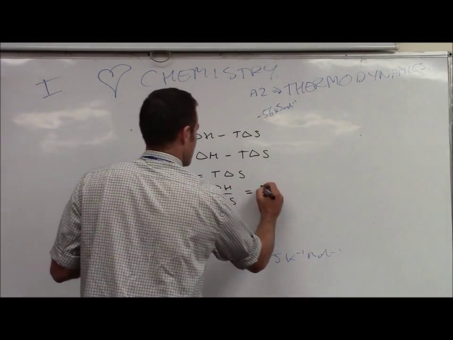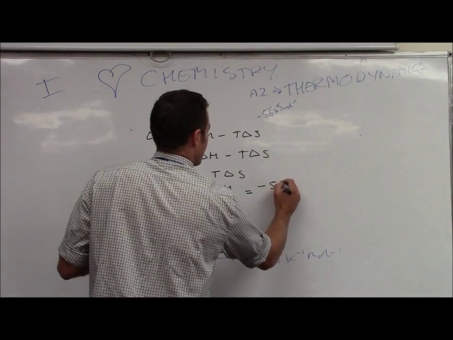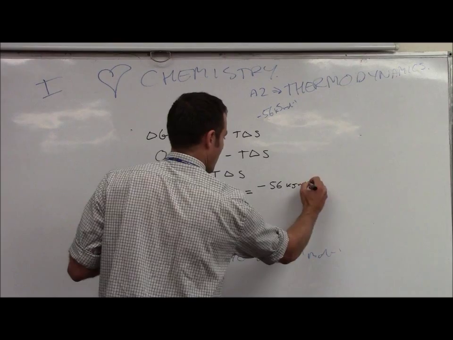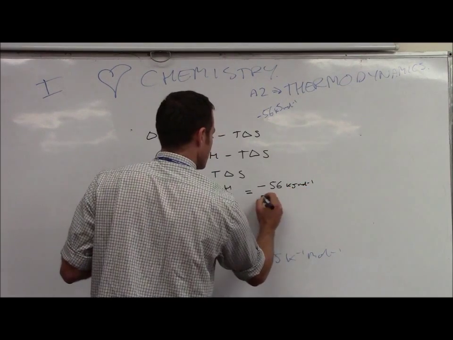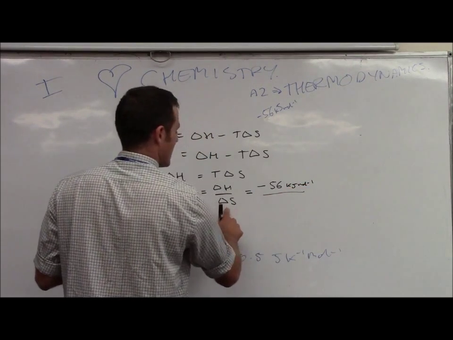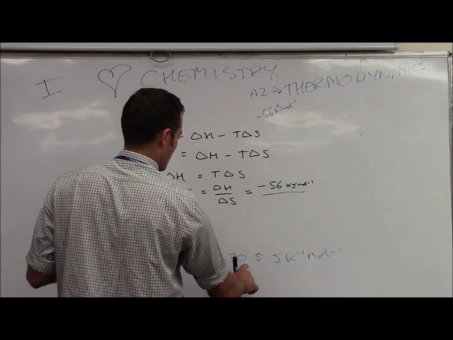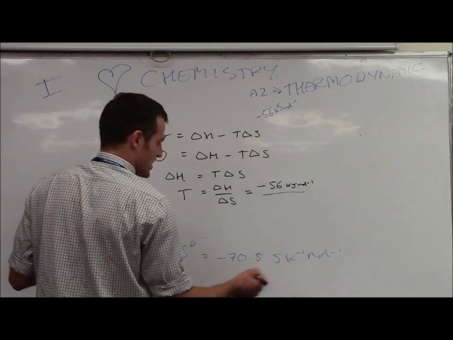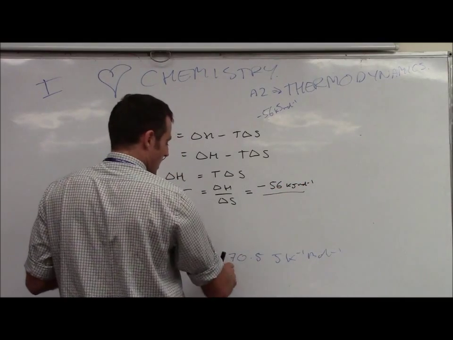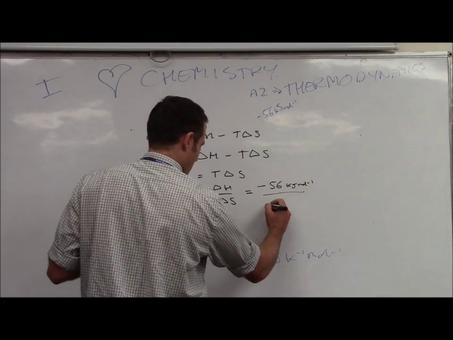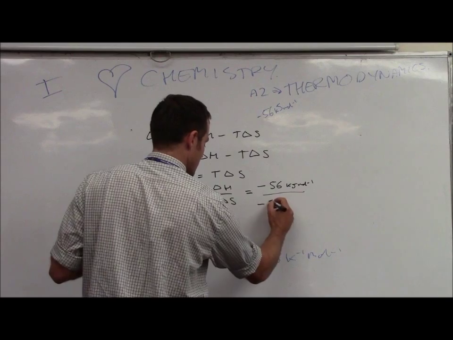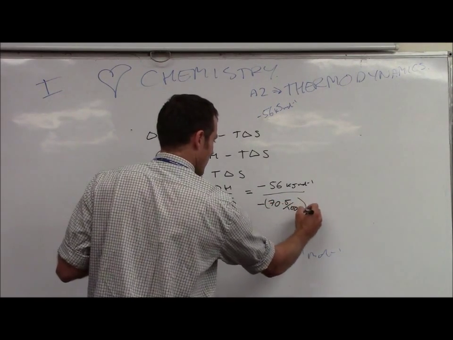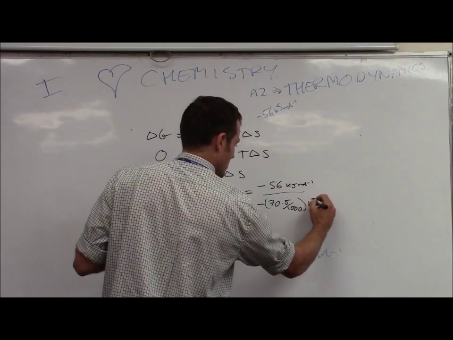Delta H here is minus 56 kilojoules per mole, and delta S is minus 70.5 joules per Kelvin per mole. So let's change that into kilojoules, say, by dividing it by 1,000. So minus 70.5 divided by 1,000, and then now it's in kilojoules per mole.